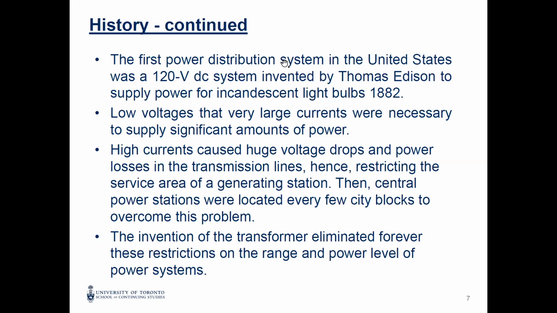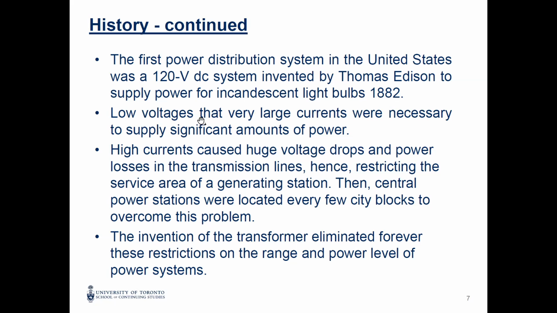So these are the main history points in more detail. First, the power distribution in the United States started with DC 120, of course Thomas Edison, mainly for lighting, in 1882.